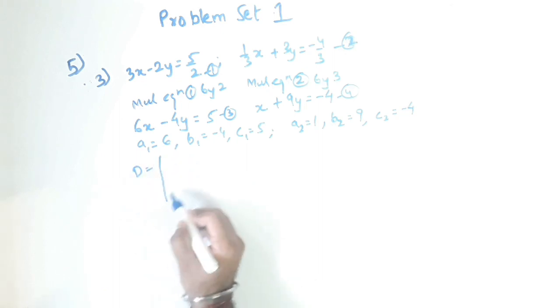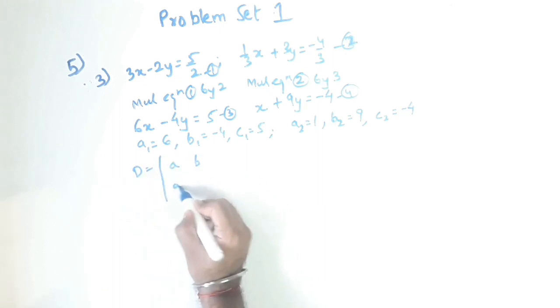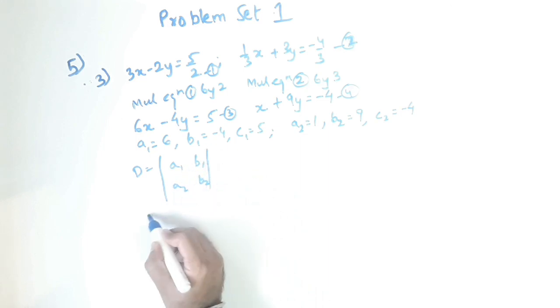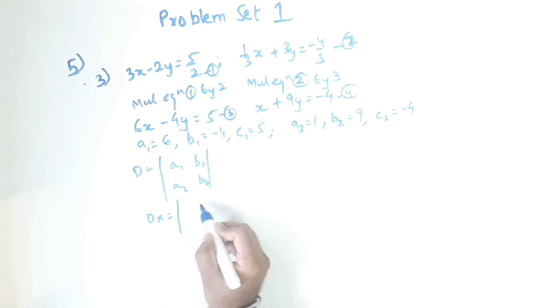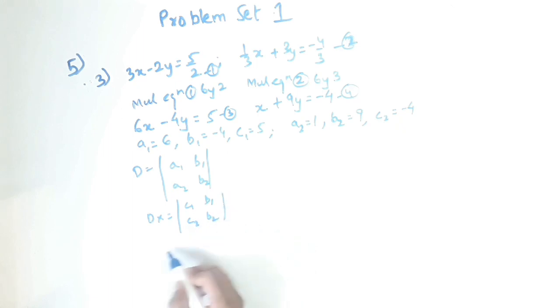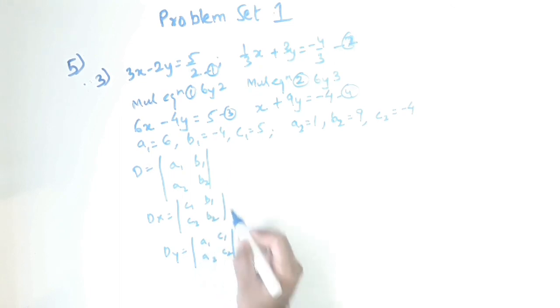So what is d? d is the determinant of a1 b1, a2 b2. What is dx? dx is c1 b1, c2 b2. And what is dy? dy is a1 c1, a2 c2.